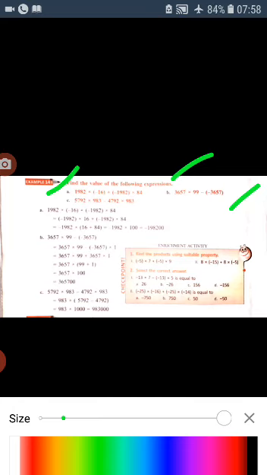So first question A: 1982 into minus 16 plus minus 1982 into 84. The first one, take the interchange for the minus. Minus 1982 into 16. You know the product of the signs: minus into plus is also minus.